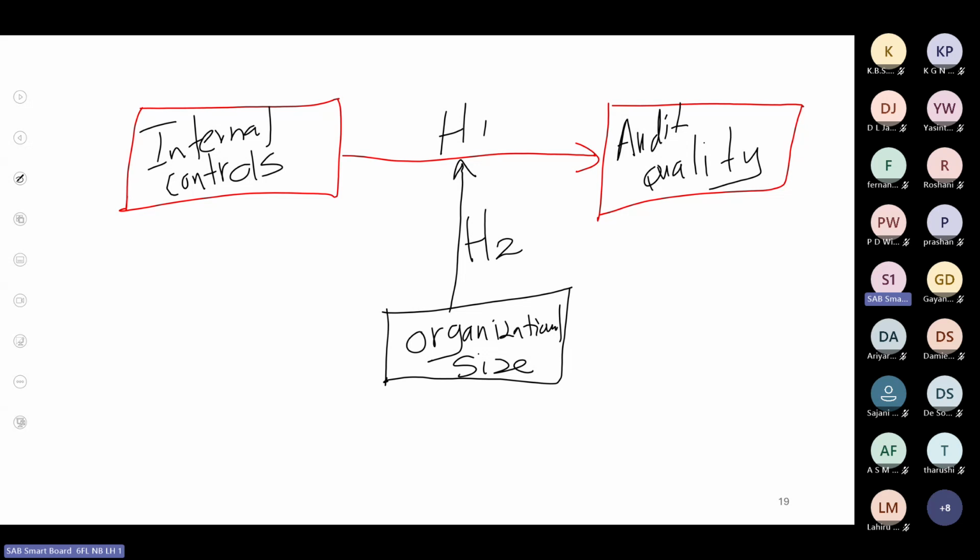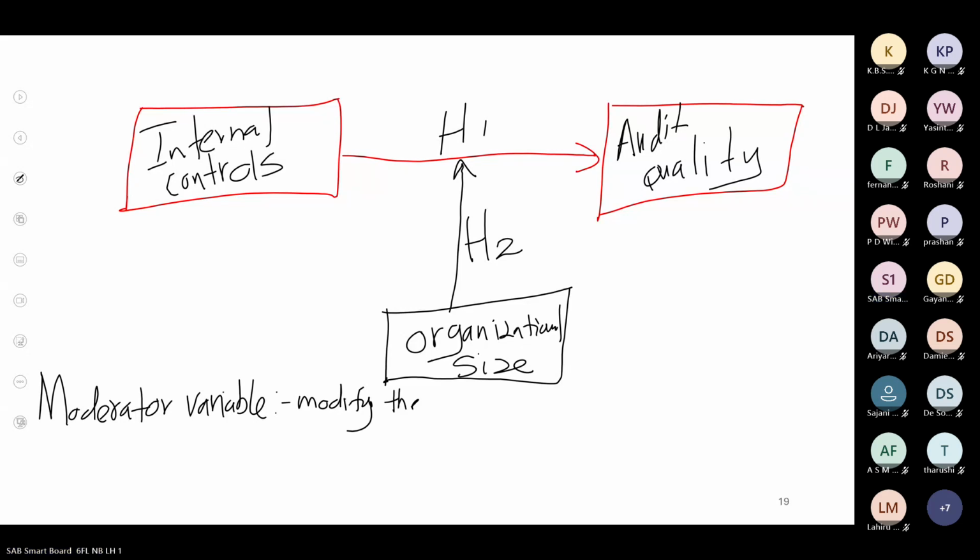Write it down: moderator variable modifies the relationship between IV and DV.